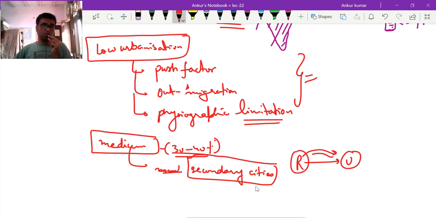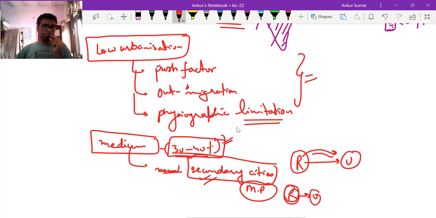However, in case of Madhya Pradesh, a big stream from rural to urban, let us say from the Bundelkhand region towards Mumbai, that stream will be intercepted by the Ujjain or the Indore. So in case of that, the secondary cities have developed, which have led to medium urbanization.